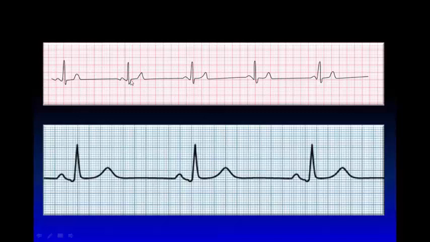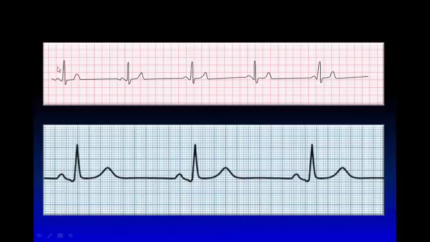This is sinus bradycardia, and here in this ECG strip it is also sinus bradycardia because we have P waves, and each P wave is followed by a QRS complex. However, this is not a normal sinus rhythm. This is sinus bradycardia because the heart rate is extremely slow.